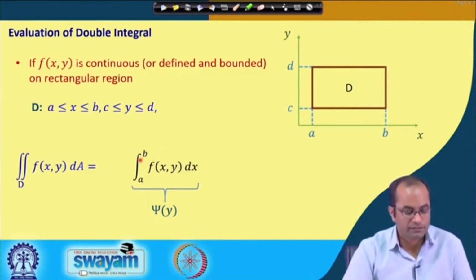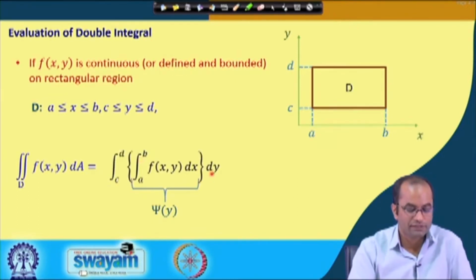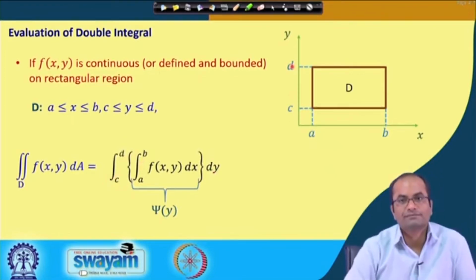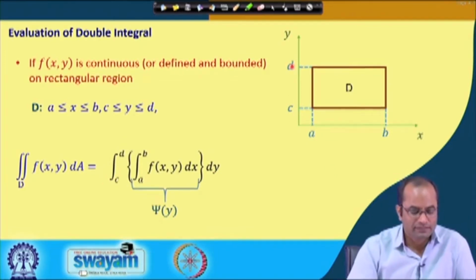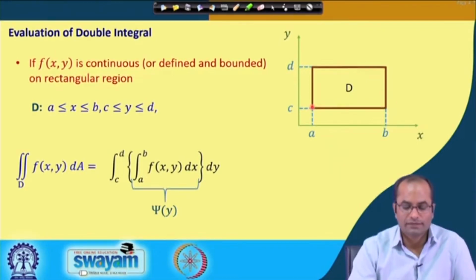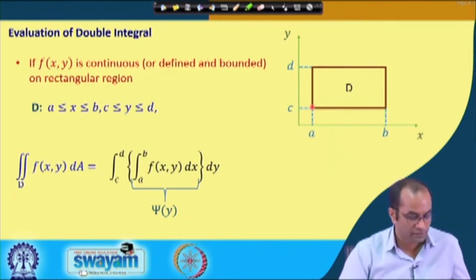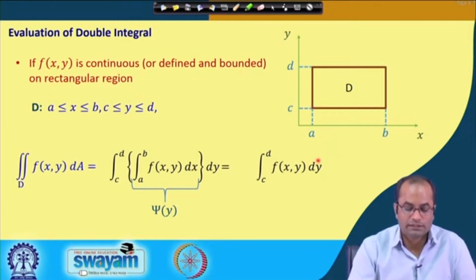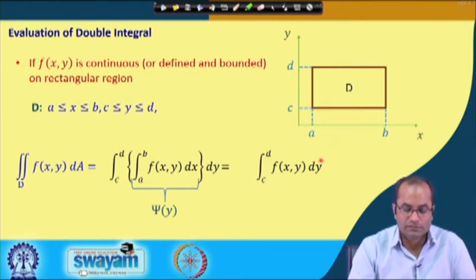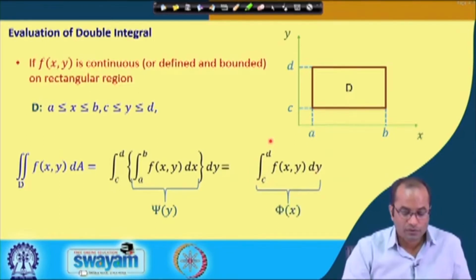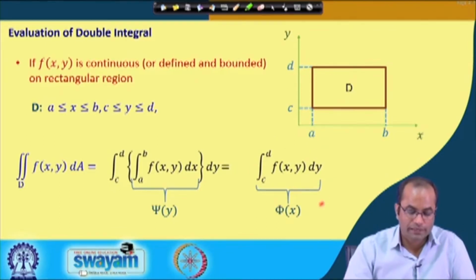So, this is a repeated integral. Now we can integrate with respect to y, where y varies from c to d. Since the region was nicely defined, from a to b and c to d in the direction of y, we can also compute first the integral with respect to y, dy, with y from c to d, which we can call phi of x.